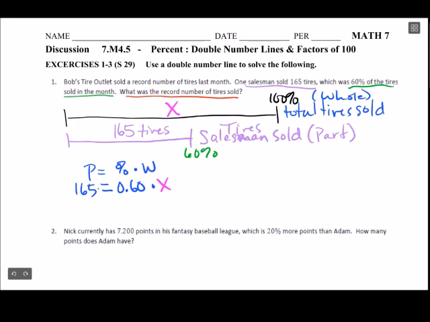To solve for x, we use our properties of equality, our opposite operations, and we divide by 0.60 on both sides, and then we get out our calculator, and we find out that x equals 275 tires sold in that month.